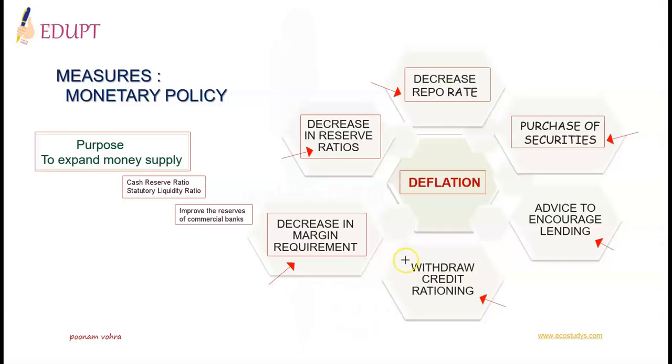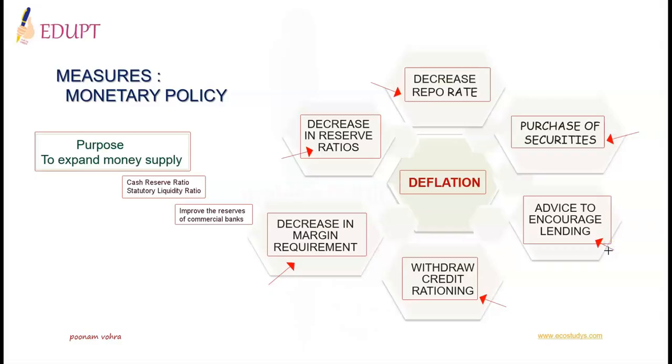Similarly, under selective credit control, RBI will give directions to the banks to give or not to give credit for certain purposes to particular sectors. During deficient demand, central bank withdraws credit rationing to prevent excessive flow of credit, and this enables to raise the demand.